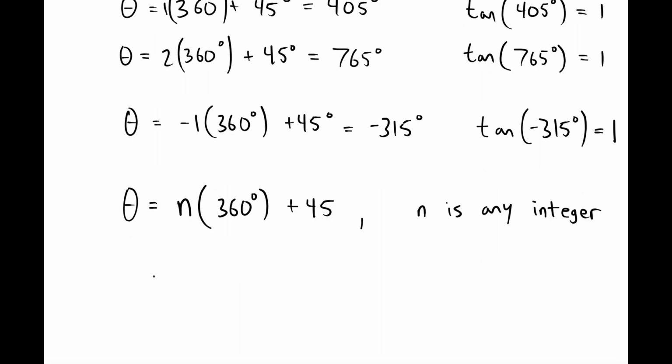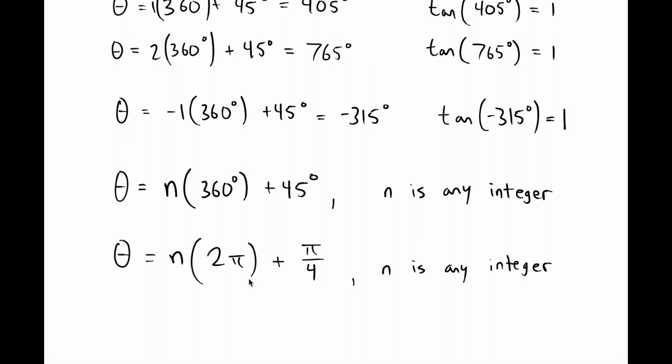If we're putting this into radians, it would be n times 2 pi plus the radian equivalent of 45, which would be pi over 4. That's one possibility, but let's see if there are any other angles that would have a tangent of 1 as well.